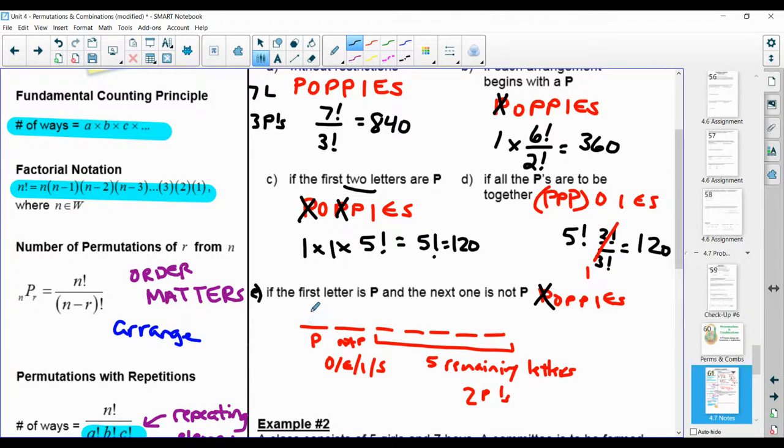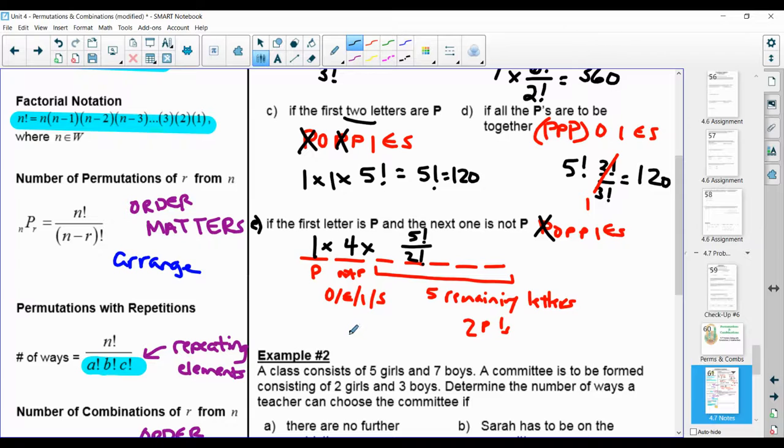So there are 1, 2, 3, 4 letters to choose from. And for this last part, we have 5 remaining letters, but 2 repeats. So if we were to write that out, it's going to be 4 times 5 factorial over 2 factorial, which gives me 240 ways.